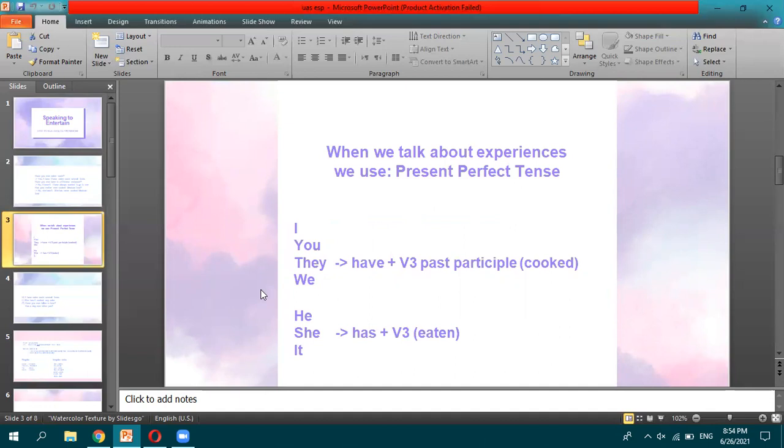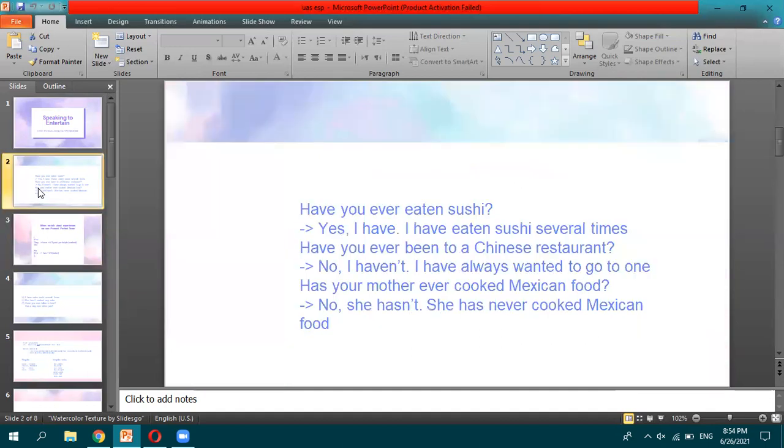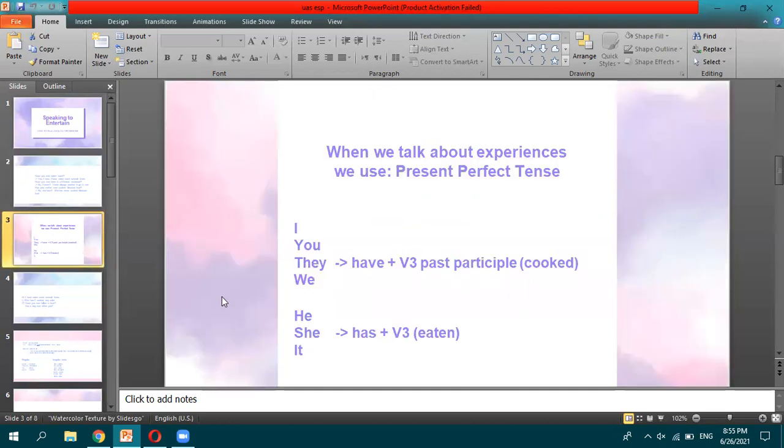When we talk about experience, we use present perfect tense. In these sentences, you can see there is a new auxiliary for us. Yes, we use have and has. So look at the subject.